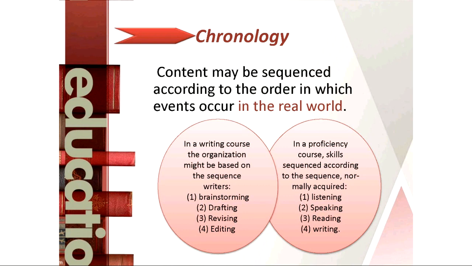So if you have, let's say, a writing course, the sequence starts with brainstorming, drafting, revising, editing. If you have an example of a proficiency course, you think about listening, speaking, reading, and then writing.